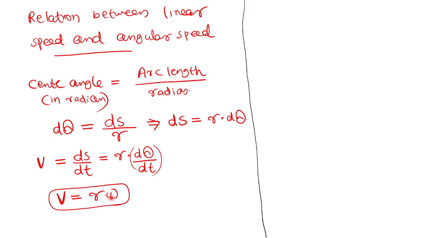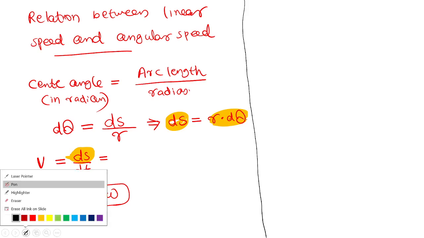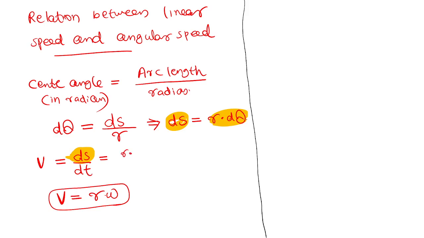Suraj, do you have any doubt? No, sir, but I have a little bit of doubt in v equals ds by dt: how did d theta come in that formula? Look here, it's very simple. You know that ds is r d theta, right? Instead of ds, can I write r d theta?